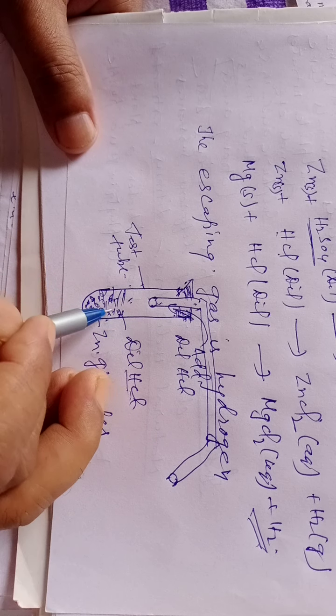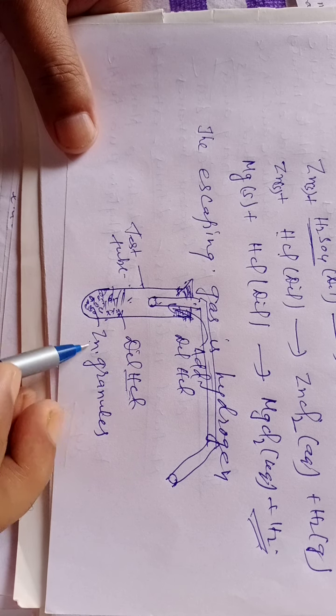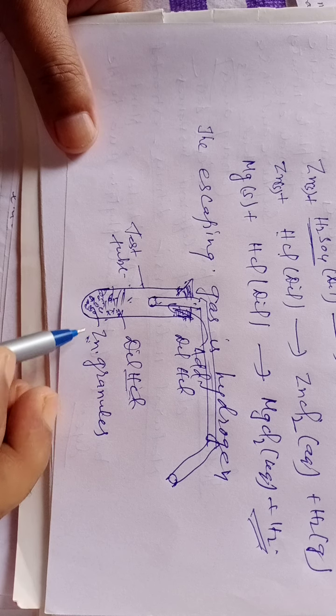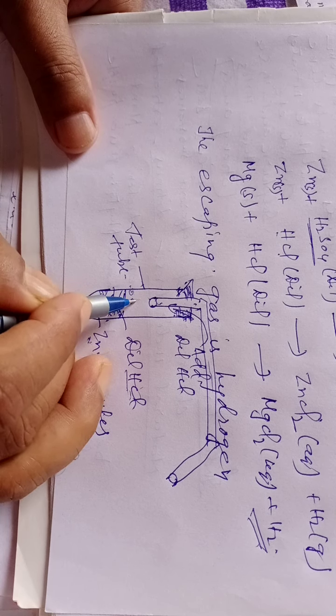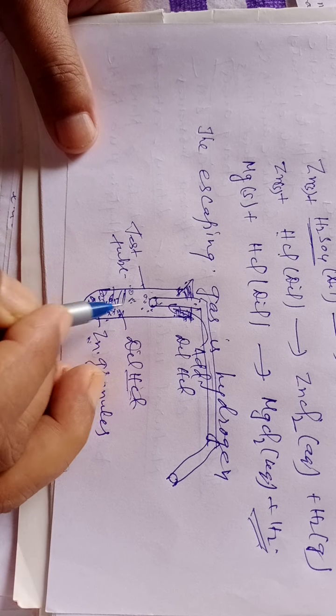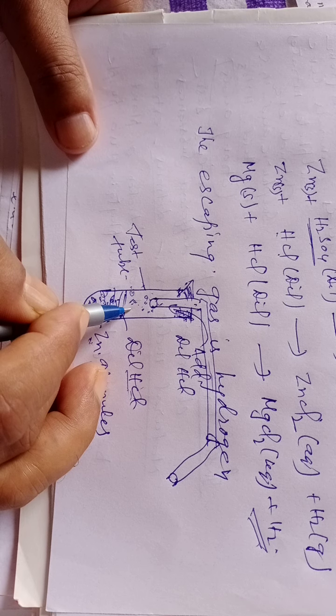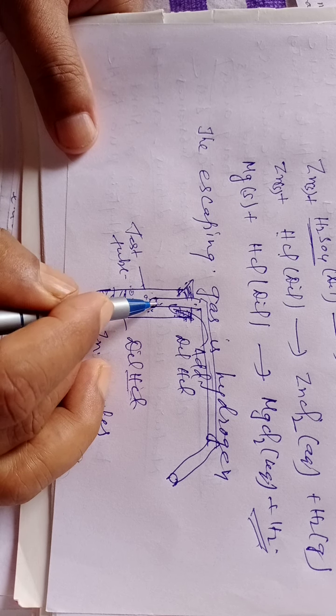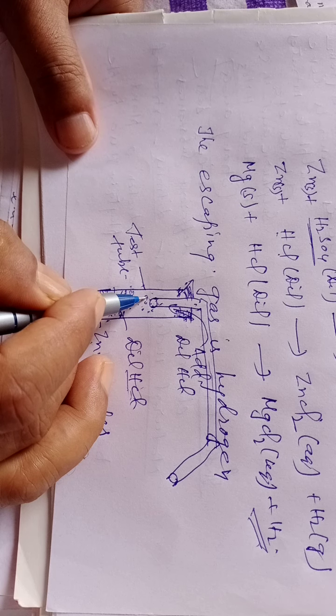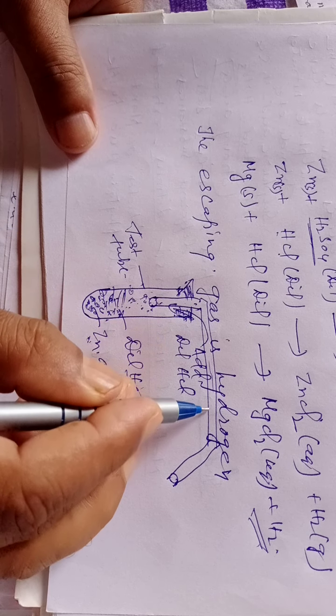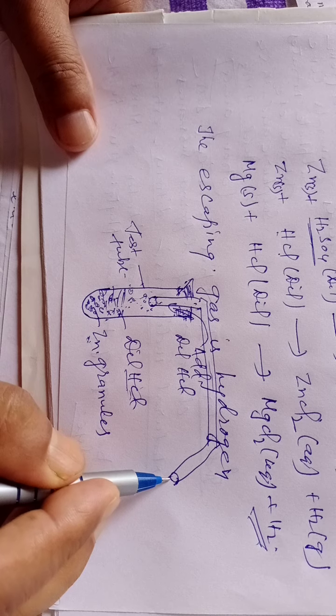After some time, the reaction between dilute acid and zinc granules takes place, and in the form of bubbles, hydrogen gas escapes and comes out from the delivery tube.